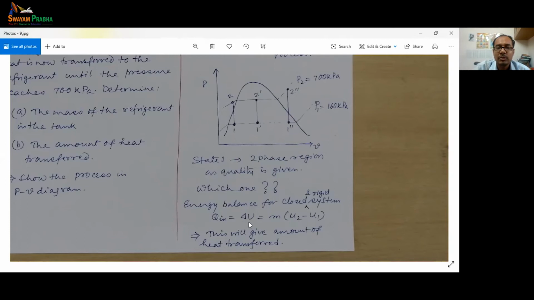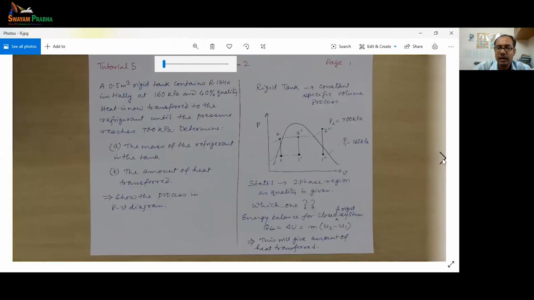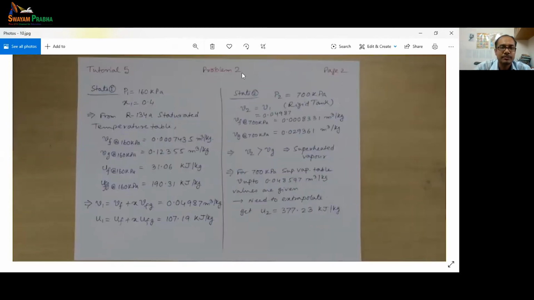So heat will be supplied and it will raise the internal energy of the system, and that you can find as m times the specific internal energy at state 2 minus the specific internal energy at state 1. Okay, so by finding that out, we can find Q in. So let's try to find, first we have to find which process to follow.